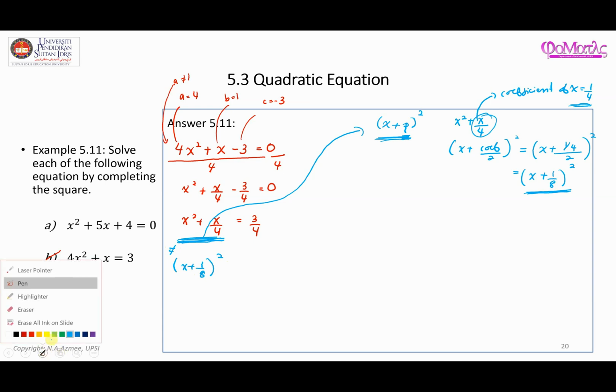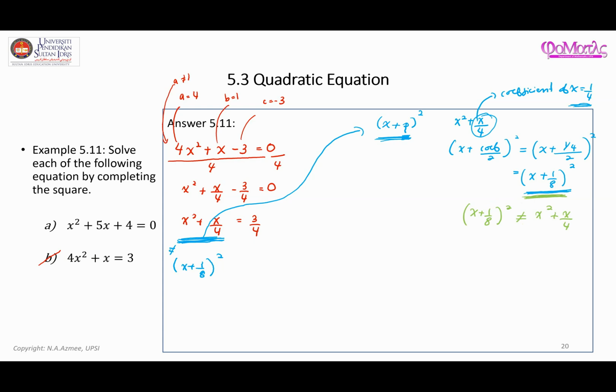Now if you look at this expression over here, x plus 1 over 8 squared is not equal to x squared plus x over 4, so you cannot simply substitute the expression.